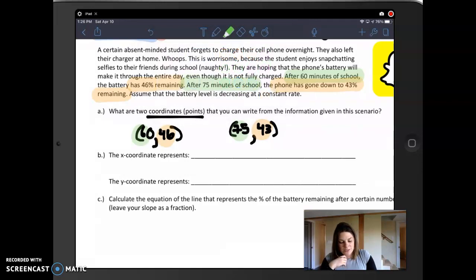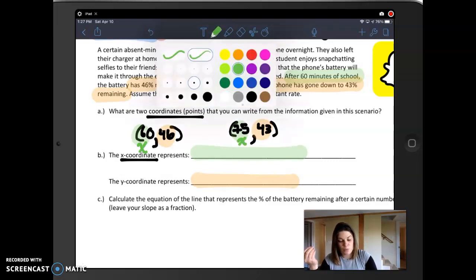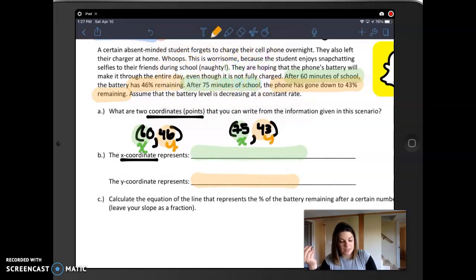So the X coordinate represents something and the Y coordinate represents something as well. Remember, X coordinate is the green or the X in the point, and the Y coordinate is the yellow or the Y in the coordinate.